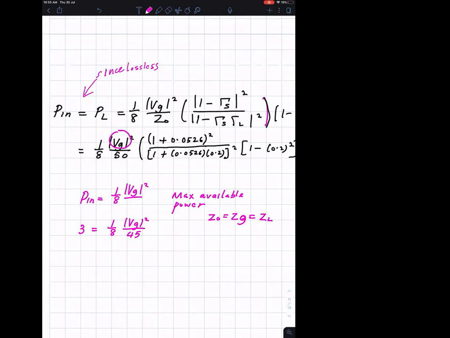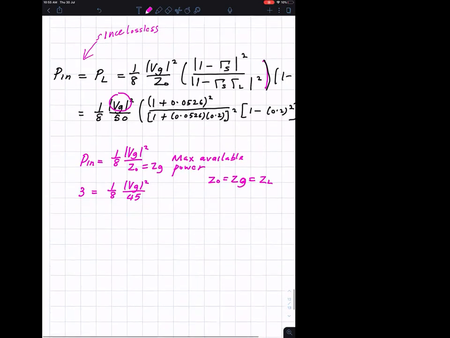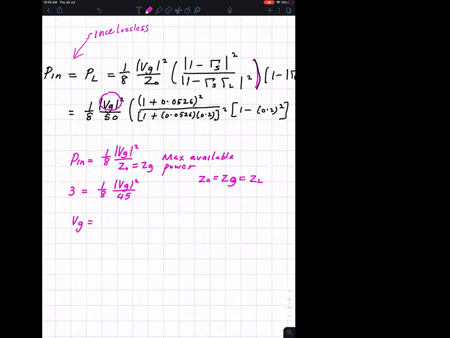Just to reinforce, this is actually Z naught, but under all match condition, this is also ZG, right? So from there, you can solve for VG, which is the square root of 8 times 3 times ZG. 8 times 3 times 45 is equal to 32.86 volts.